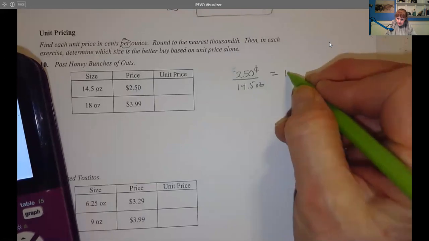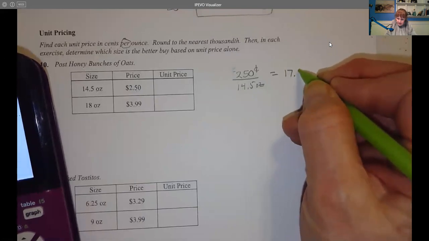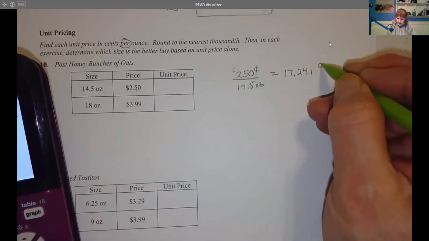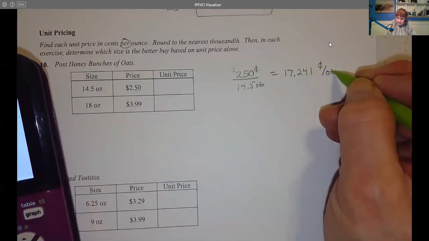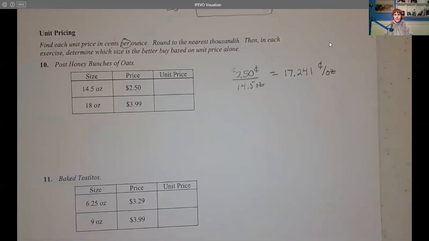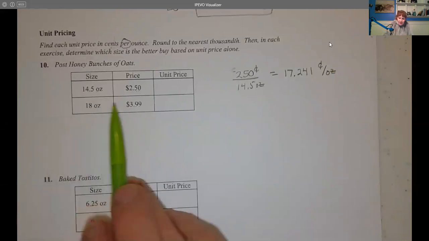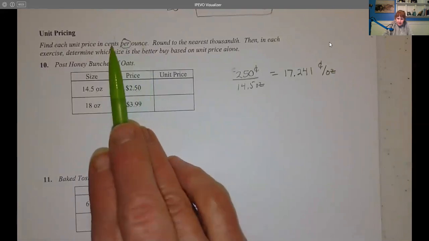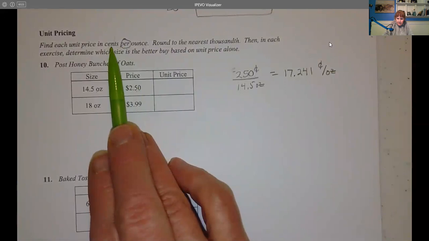So we get 17.241 cents per ounce. Okay. So it's easier, I suppose, if you do change that to cents, because that's what they want the units in.